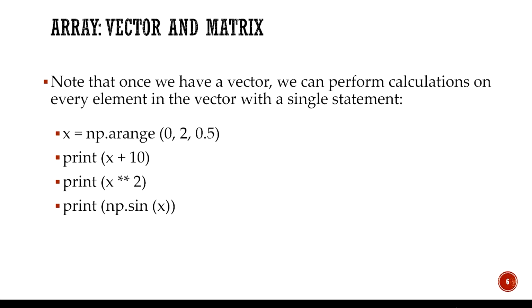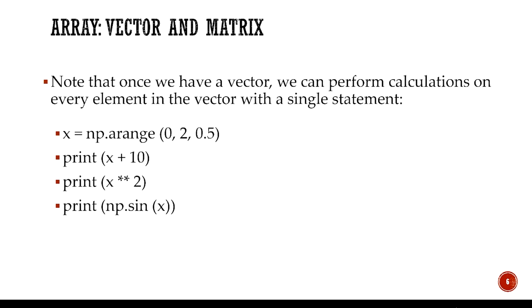Note that once we have a vector, we can perform calculation on every element in the vector with a single statement. That's one of the advantages of using array as a data structure. So let's say we generate a sequence of numbers using the arange method. Between 0 and 2, they are evenly spaced by 0.5.